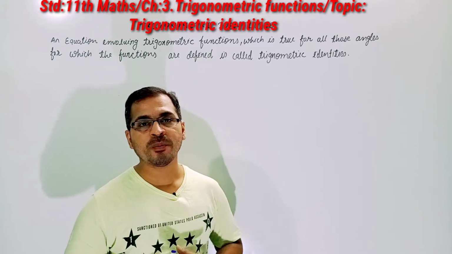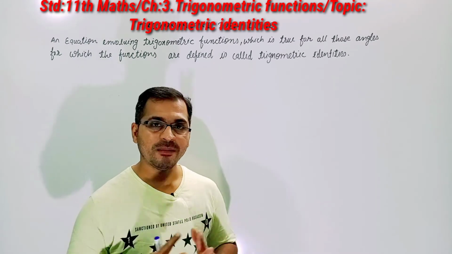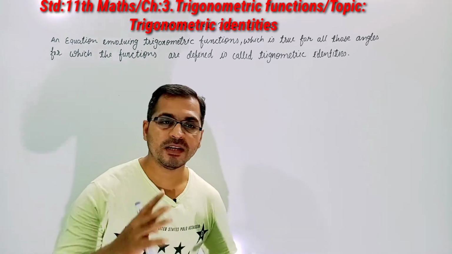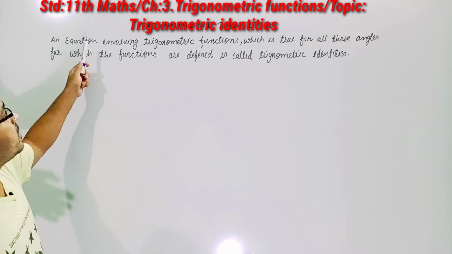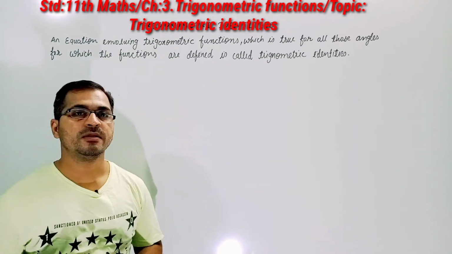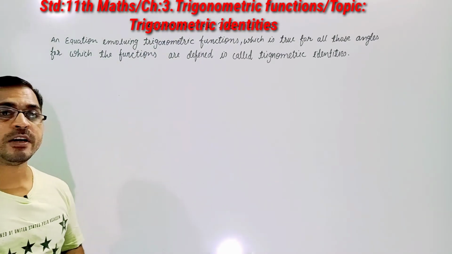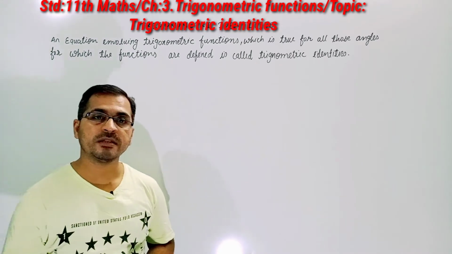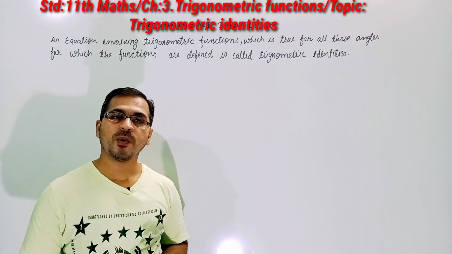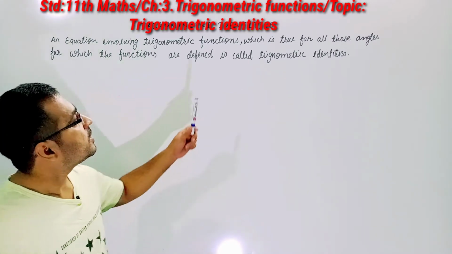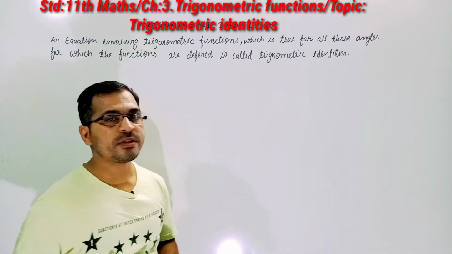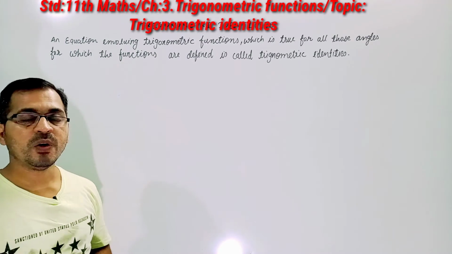So what are the trigonometric identities? Can you tell me? Students, here is the definition. An equation involving trigonometric functions. The trigonometric functions are sine, cos, tan, sec, cosec and cot. Which is true for all those angles.